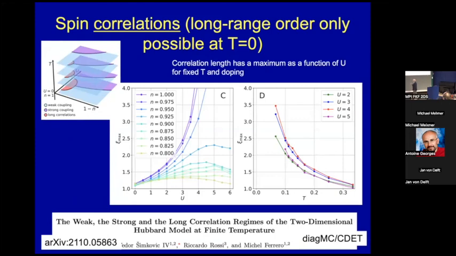We know that, again, spin correlations have an onset which is taking place at a higher temperature than charge correlations.